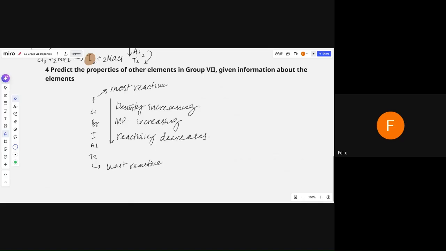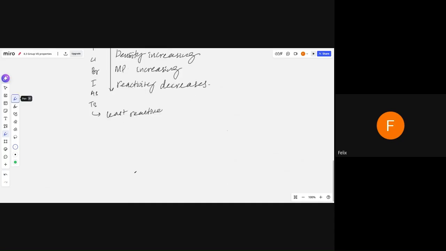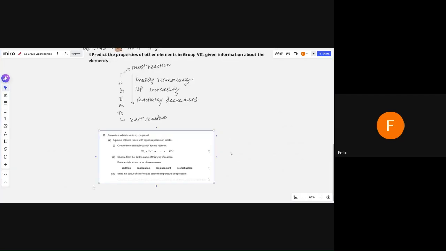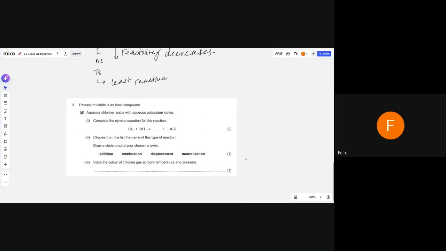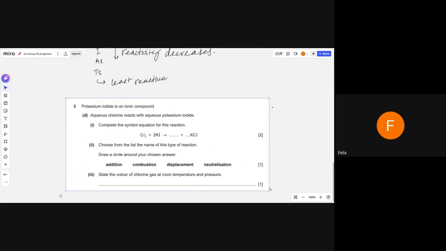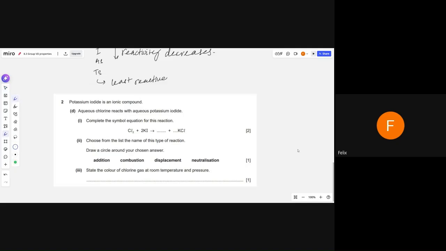Okay, let me just add this question here, which says that potassium iodide is an ionic compound because it is a metal and a non-metal. Remember ionic bonding, right? So aqueous chlorine reacts with aqueous potassium iodide, complete the symbol equation.